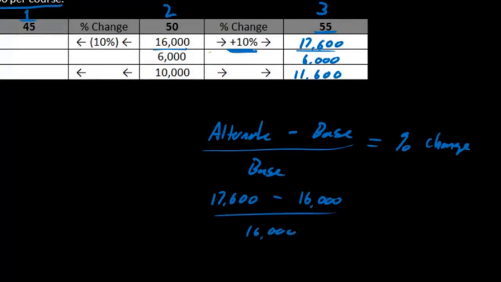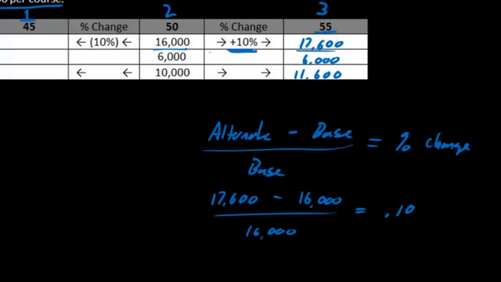So to calculate the percentage change, it's just the alternate, which is $17,600, minus the base, which is $16,000, divided by the base, which is also $16,000. That gives us 0.10 or 10%. So that's how we calculate this 10% change.